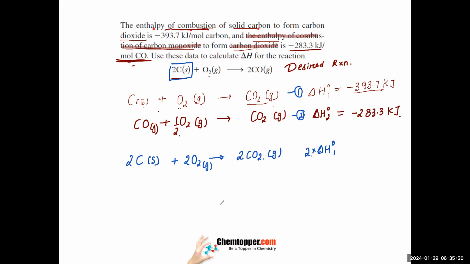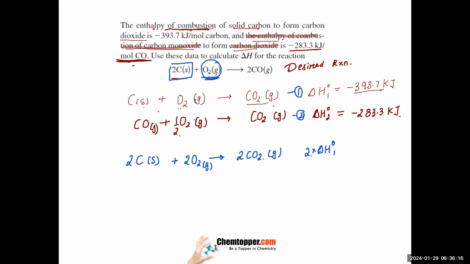Now, very carefully understand one thing. I'm going to skip O2. I'll not worry about it. Why? Because it is part of both the equations. Can you see? So don't touch it. What you have to do is pick up unique reactants and unique products, which are part of only one equation.